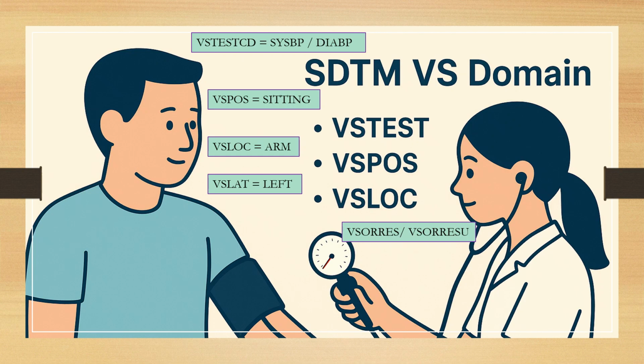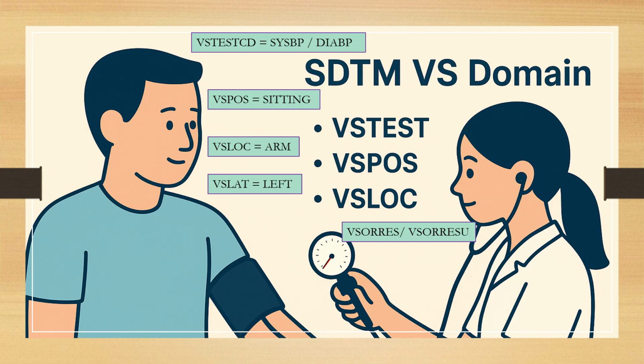But in case, for example, when the subject's height or weight is measured, and if those measurements are not done in the standard unit, the standard unit for height is centimeters, and for weight it is kg.